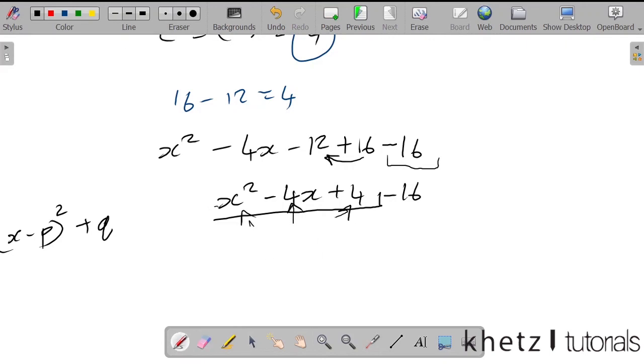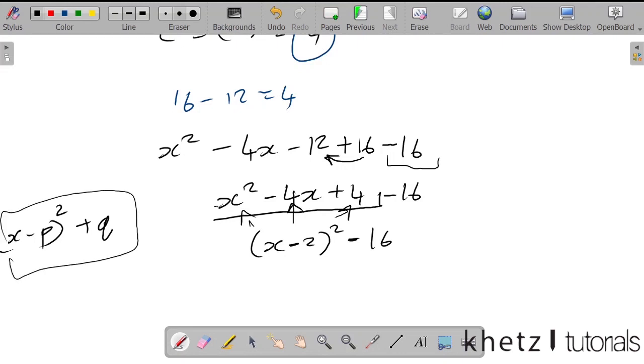And we know that the answer to that is x minus 2 squared. And what's left is the -16 on the outside. And we have successfully changed the original equation of x squared subtract 4x subtract 12 into this form over here.